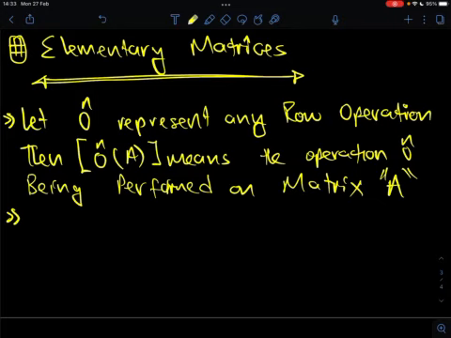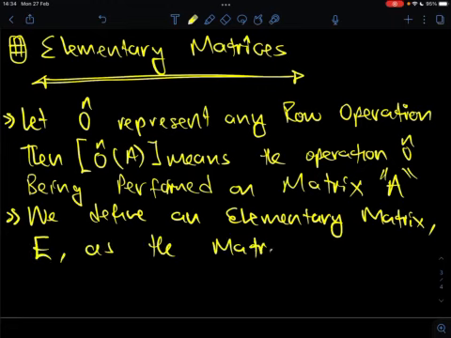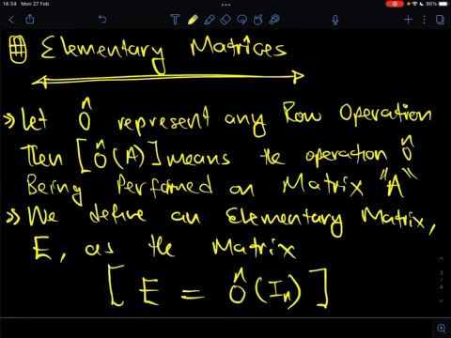We define an elementary matrix, which we shall call E, as the matrix E defined as O of I_n. So what exactly do we mean here?